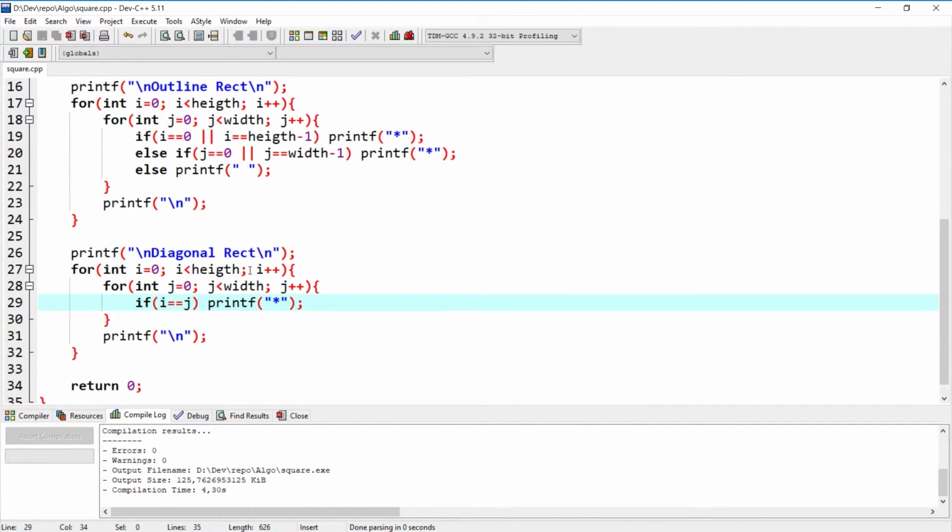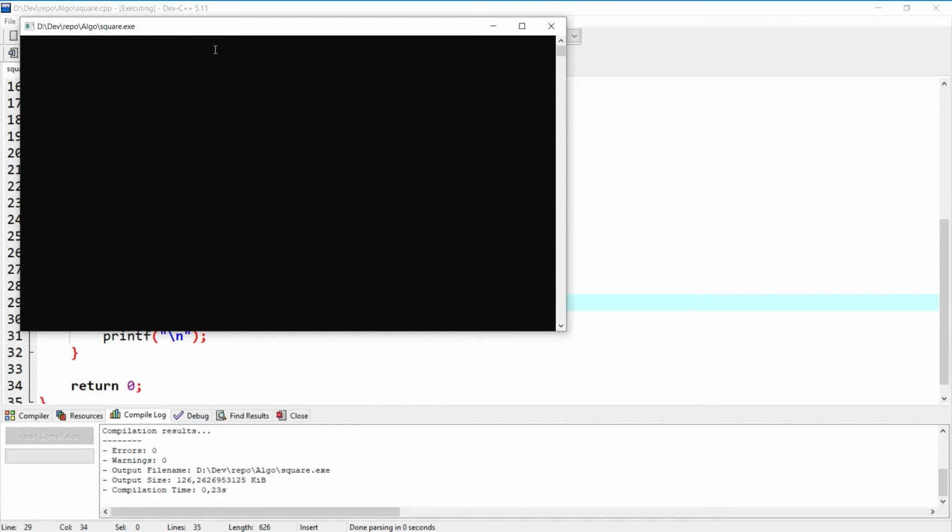Okay, then try to hit F11. Five. Okay, so now you see the diagonal rectangle in here, right? So basically, i equals j is correct, right?